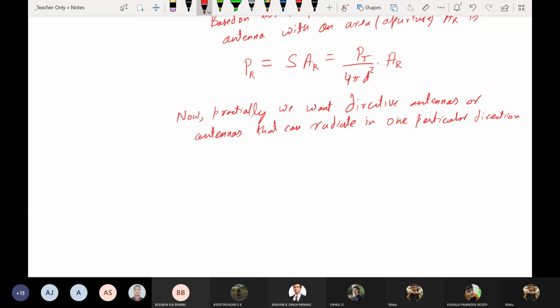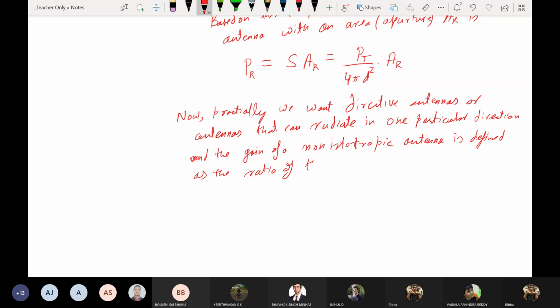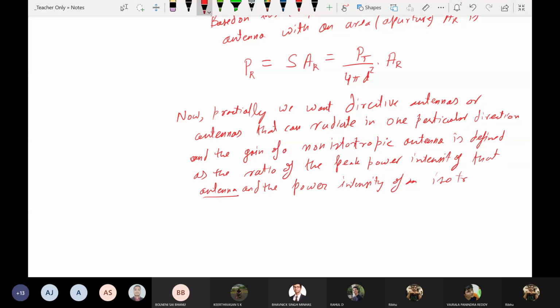Fine. And the gain of a non-isotropic antenna is defined as the ratio of the peak power intensity of that antenna divided by the power intensity of an isotropic antenna.